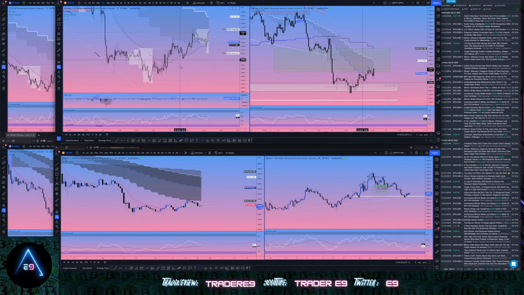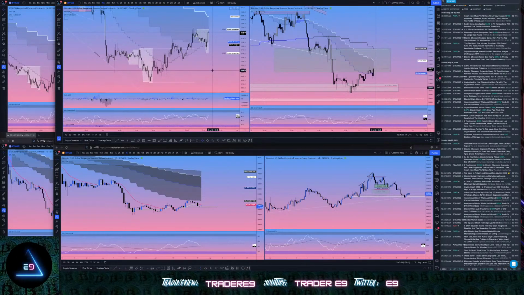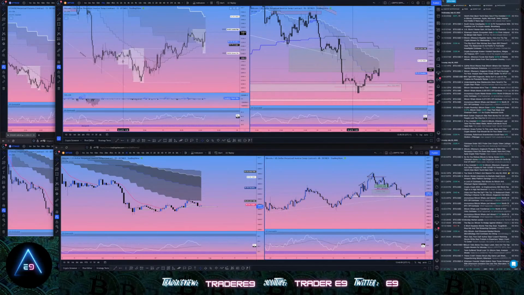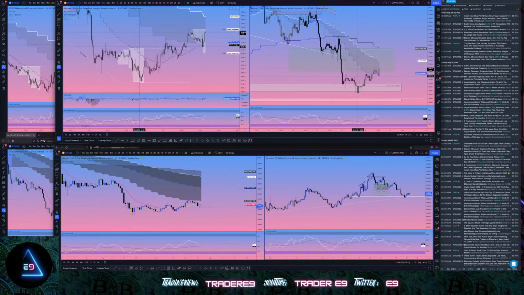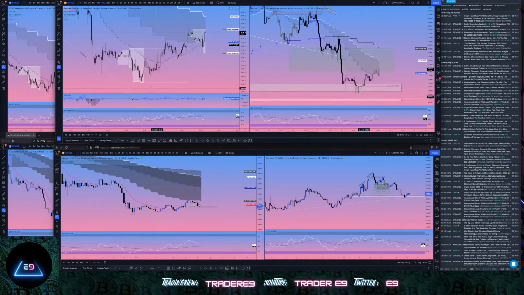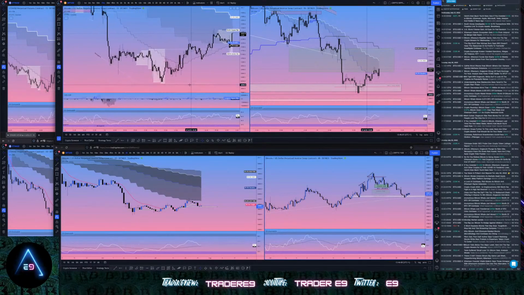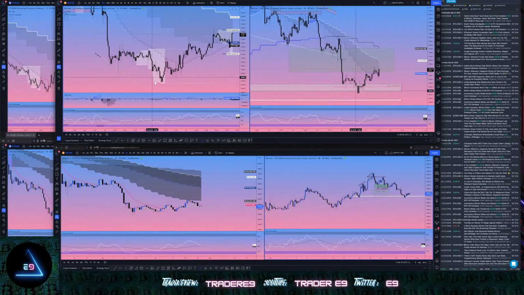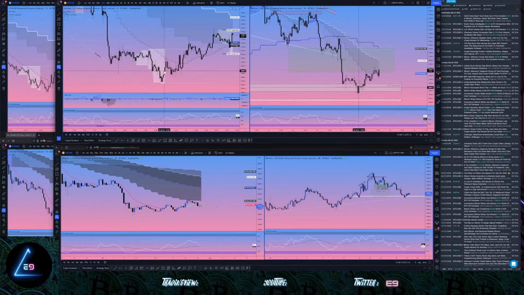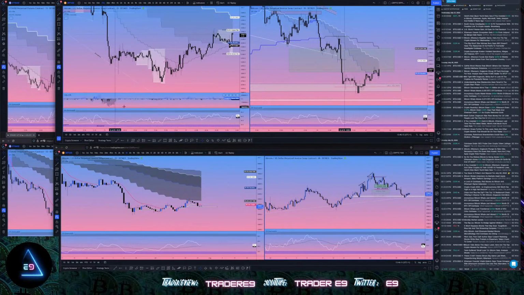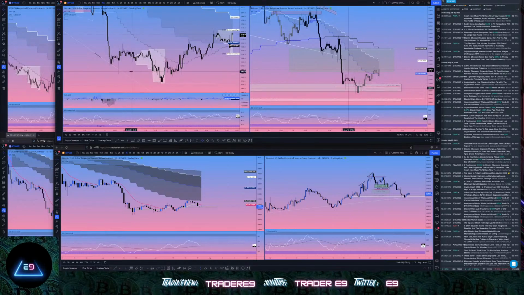So looking at the 15-minute lower time frame, we're looking nice. Yesterday's session was a sideways affair. Had a little push down. Just a little note on this: I found a kind of delta indicator for TradingView.